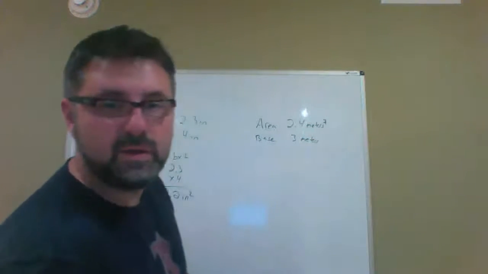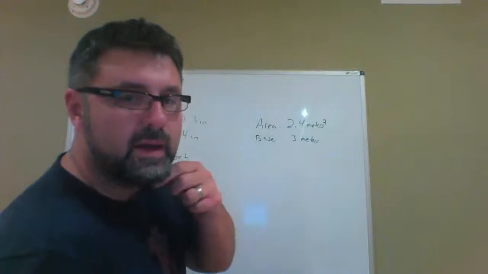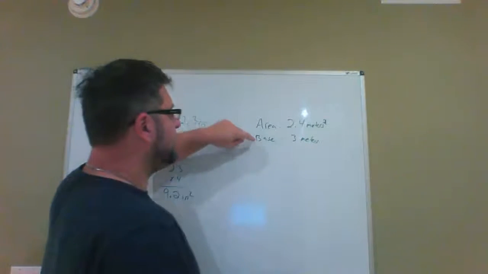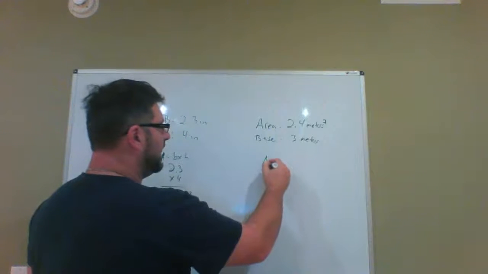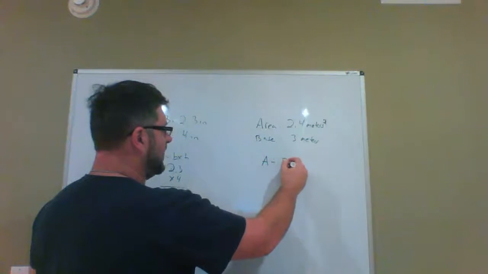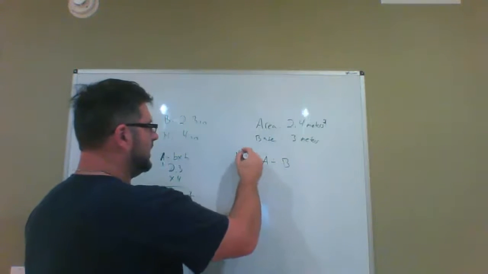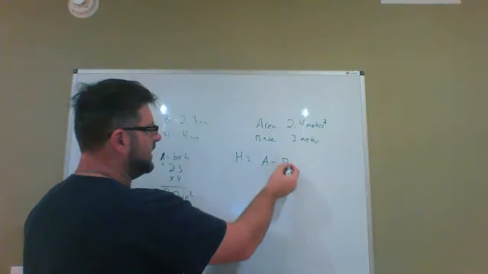Okay, so now if we're looking to find the height, it's always area divided by the side that you know. In this case, we're looking for the height, and the height is the area divided by the base.